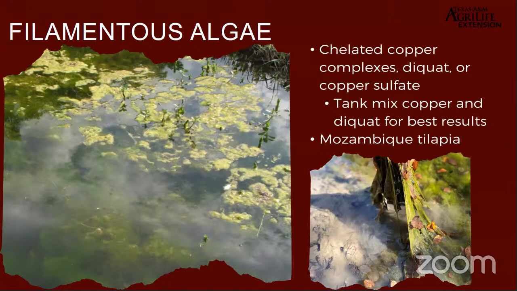Filamentous algae starts growing in the spring at the bottom of your pond, and it's very heat intolerant. And so when the temperatures begin warming up, it'll begin dying off and then rising to the surface. So if you've ever stained a pond, you'll see that filamentous algae, when it's actively growing, is a deep green color.